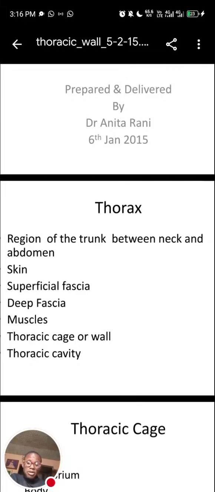Then the other R is rhomboideus major. Then one is serratus anterior. This one is pectoralis major. Okay, there is no pectoralis minor that attaches to the scapula. After that we have trapezius. Trapezius is around here. Don't worry, you're going to see all that. And then you see the biceps brachii, that thing people do with their hand like this and say I have muscle.